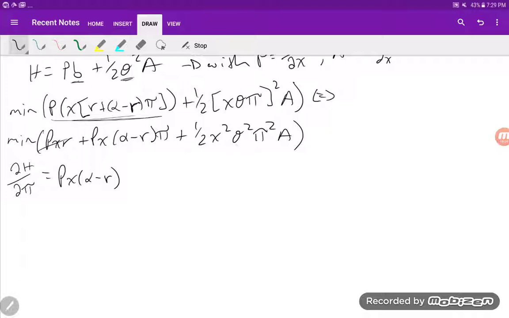And then this term is likewise simple. Basically, the 2 comes down to cancel out this 1/2 and then drops from the pi. This is an extremely simple derivation. So we just have plus x squared sigma squared pi a.